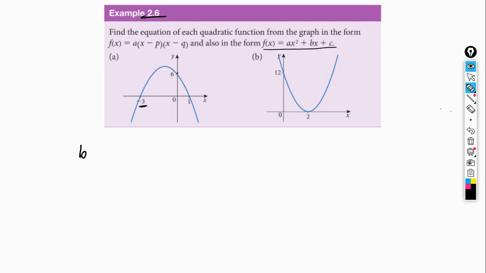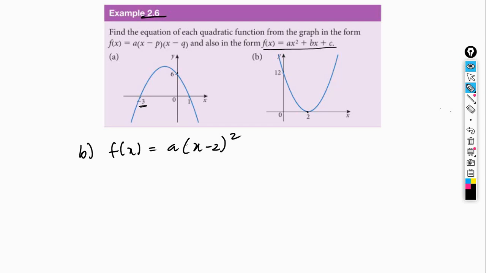So now we have b, but notice that with b, we only have one solution or one root. So that means that the function is of the form f of x is equal to a times (x minus 2) squared. So that's when we have one double solution.